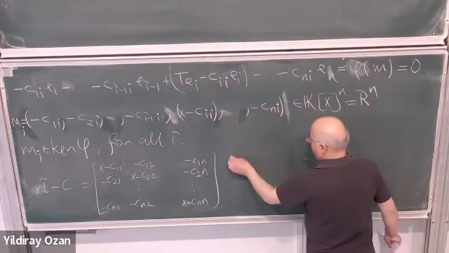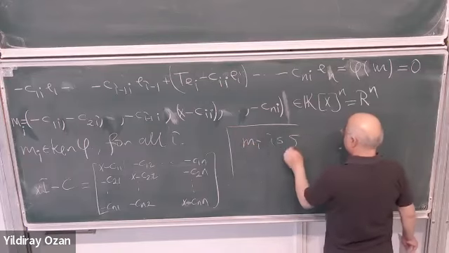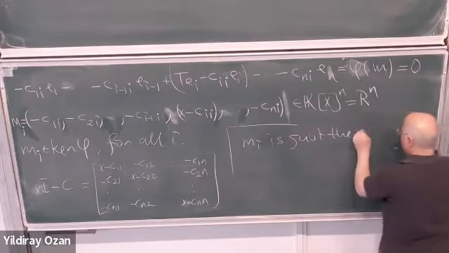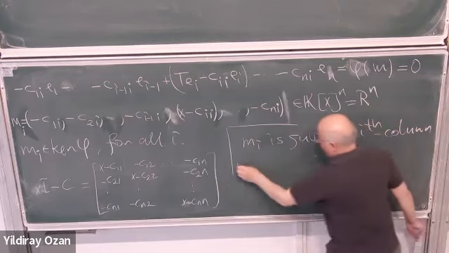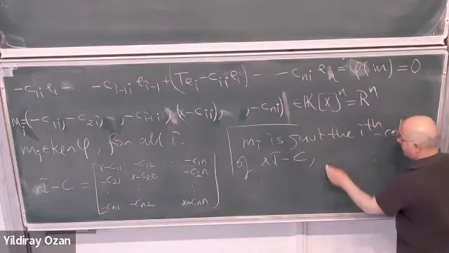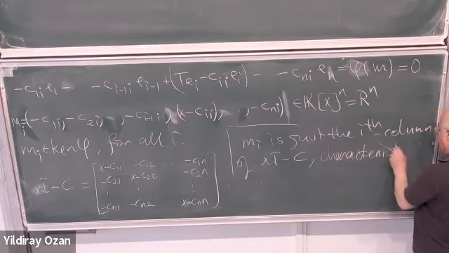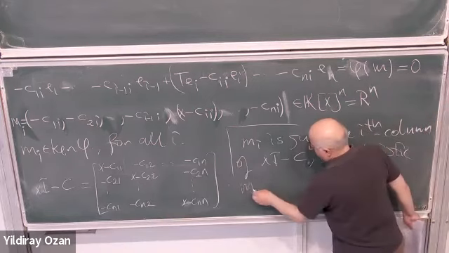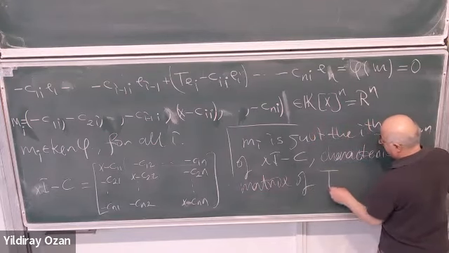So Mi is just the ith column of x minus c, the characteristic matrix of the operator T.